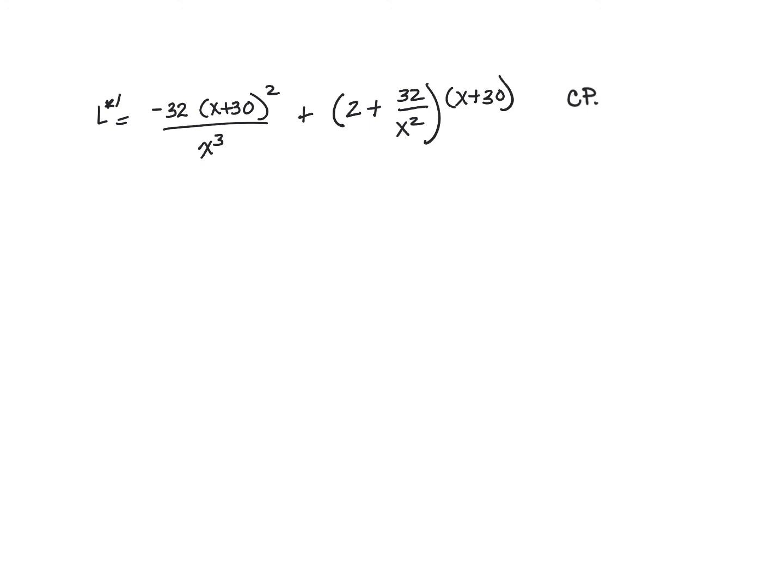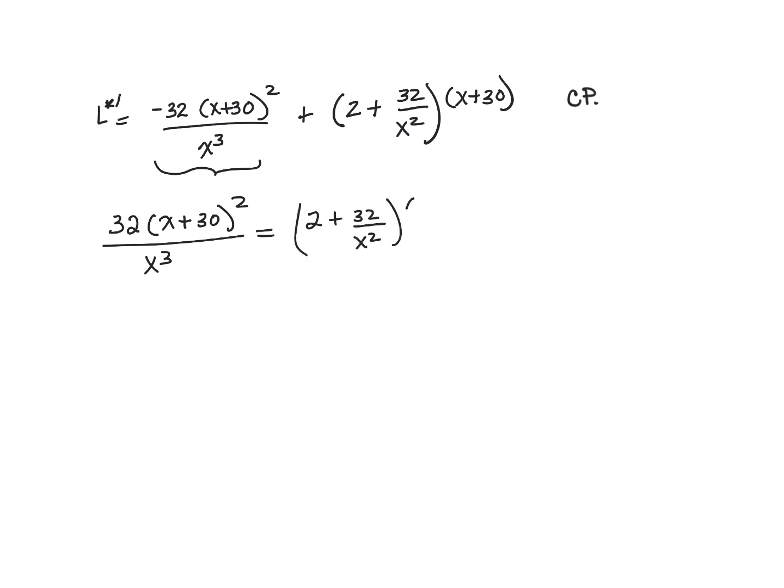So I'm going to set this equal to 0, and I'm going to go ahead and move this to the other side. So we get that this piece here, 32 times x plus 30 squared over x cubed, equals 2 plus 32 over x squared times x plus 30. Now we know a couple things here which allow us to clean this up pretty easily.